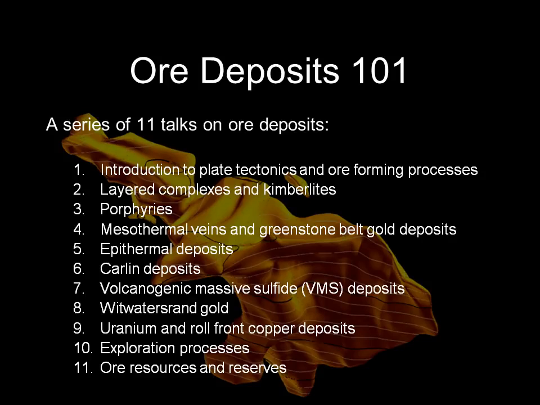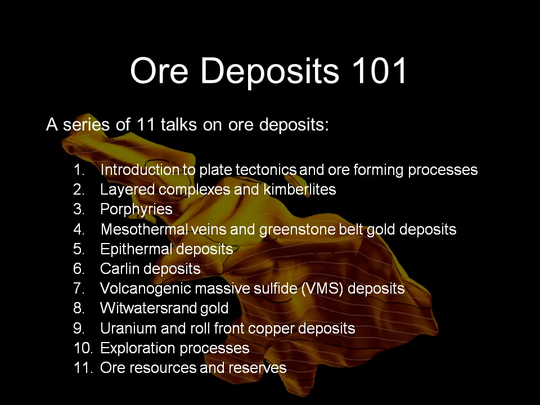The second talk in the series will focus on deposits associated with mafic layered complexes, such as nickel, the platinum group metals, and chrome. The best known of these layered intrusions is the Bushveld complex in South Africa. We will also talk about kimberlites and their associated diamond deposits.